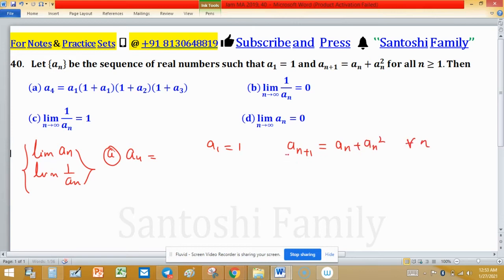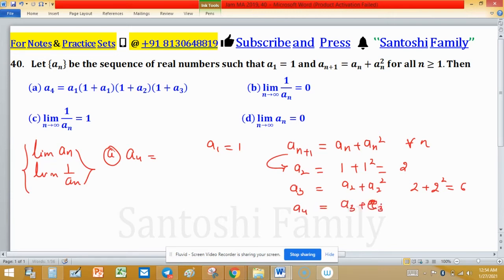From this formula, a2 equals a1 plus a1 squared, which means 2. a3 will be a2 plus a2 squared, which means 2 plus 2 squared, which is 6. a4 equals a3 plus a3 squared, which means 6 plus 6 squared. This will give you 42.